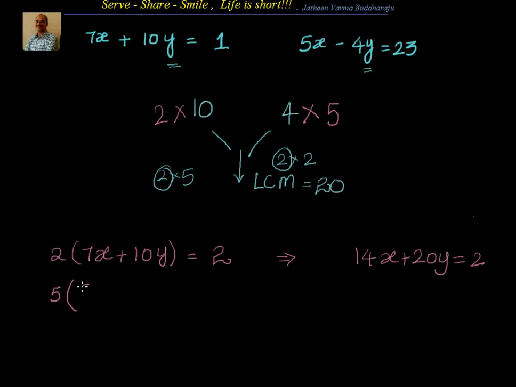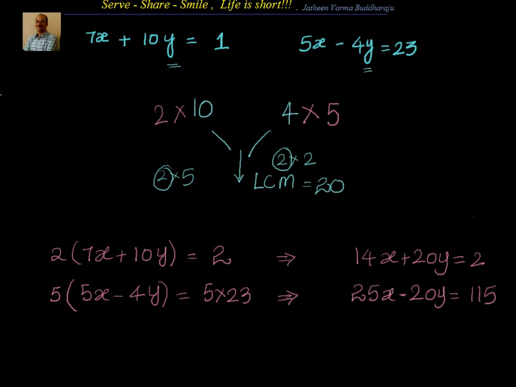I will say 5 into 5x minus 4y is equal to 5 into 23, which is nothing but 5 fives are 25x, 5 into 4 is minus 20y, 5 into 23 equal to 115. Now you can see that in both the equations we have the same variable coefficient.